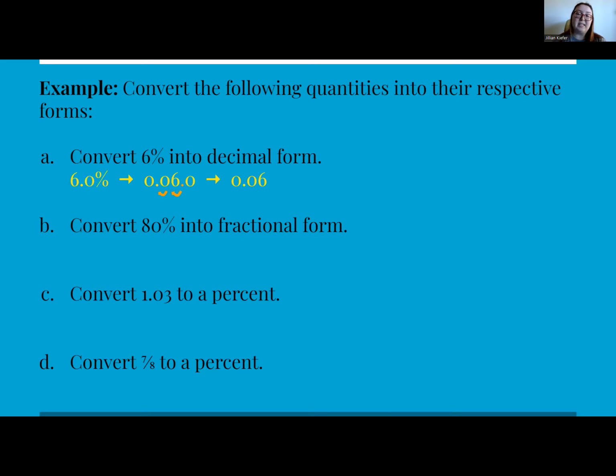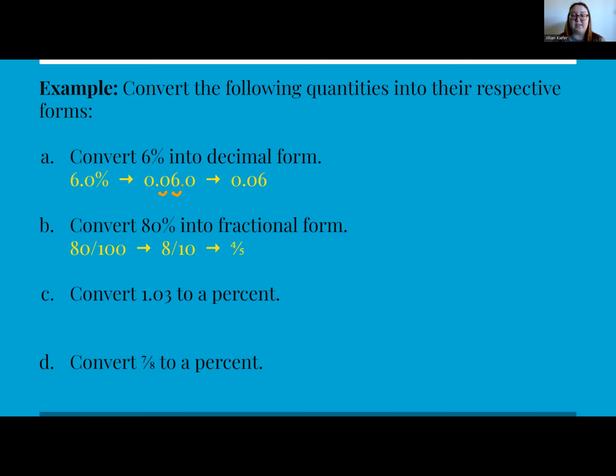Divide the numerator and denominator by 10 to get 8 over 10. And then 8 and 10 are both divisible by 2, so that simplifies to 4 over 5. So that would be its fractional form in its simplest form.